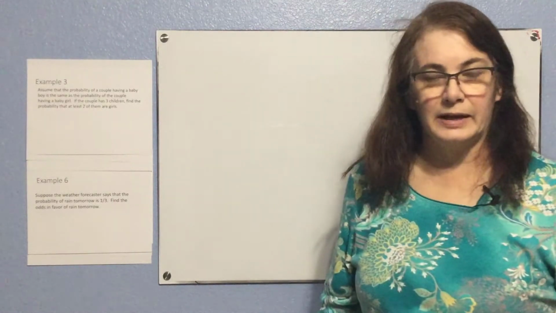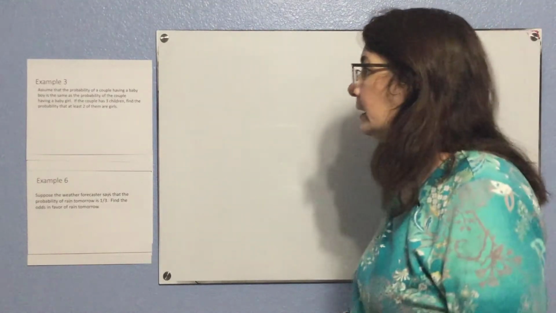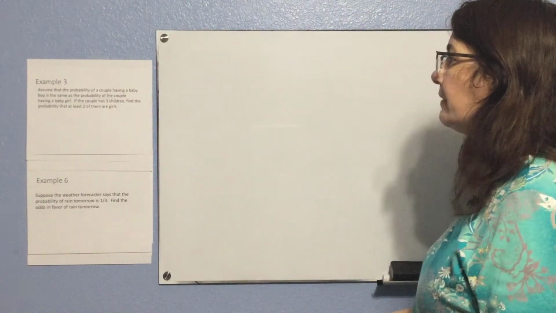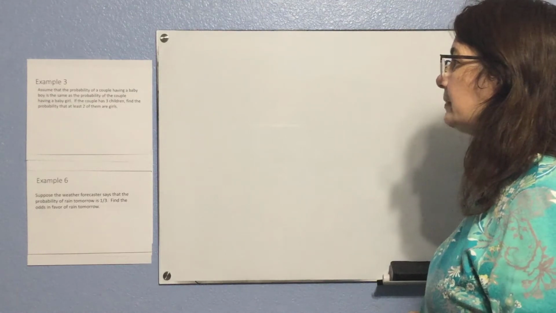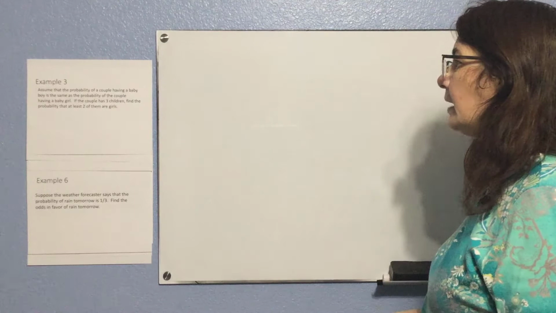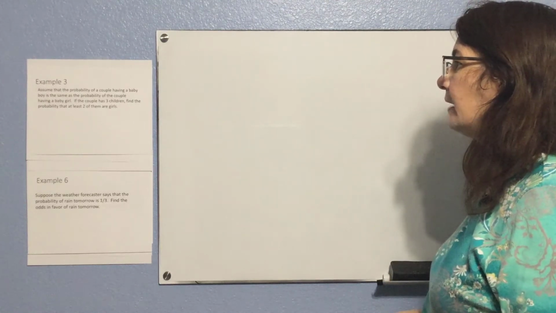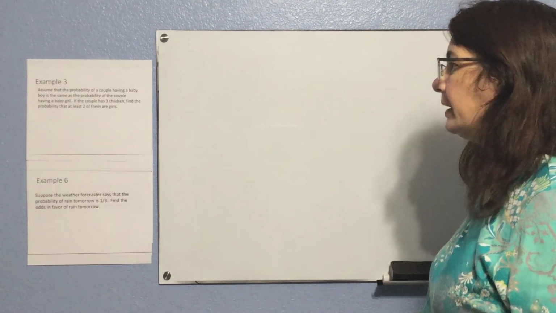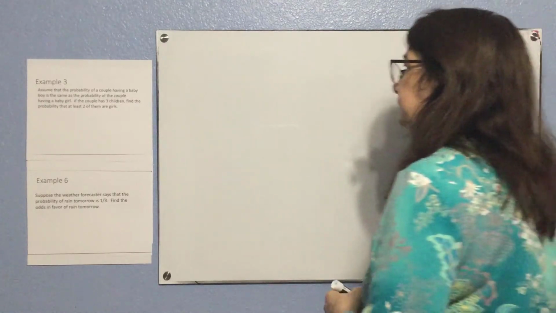Let's look at an example of this. Assume that the probability of a couple having a baby boy is the same as the probability of the couple having a baby girl. If the couple has 3 children, find the probability that at least 2 of them are girls.